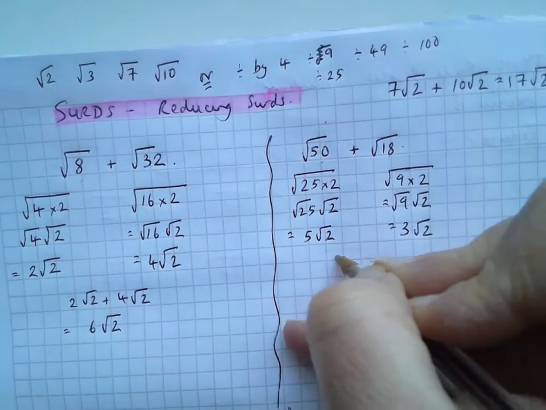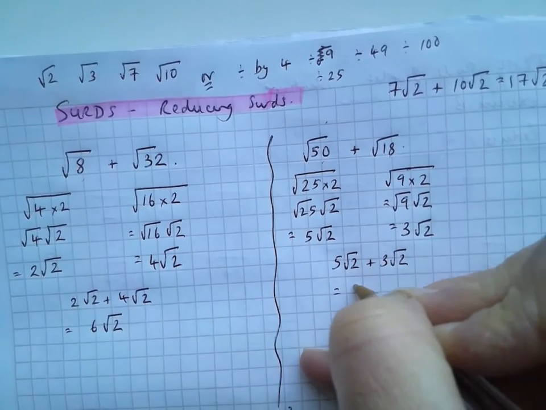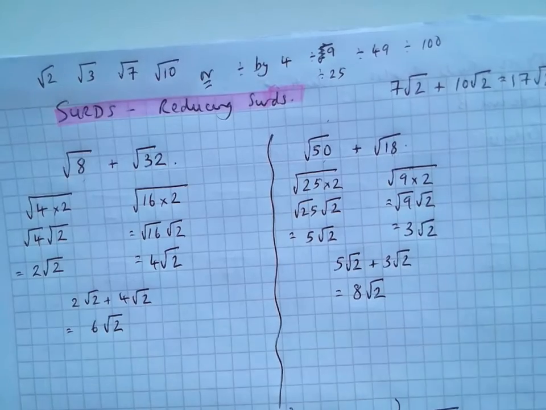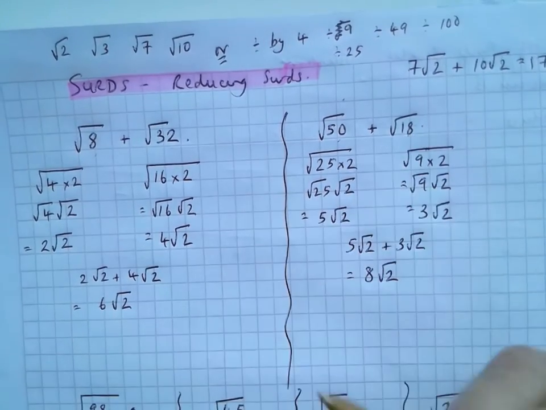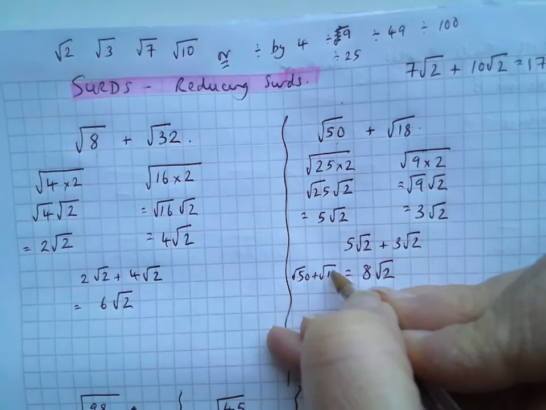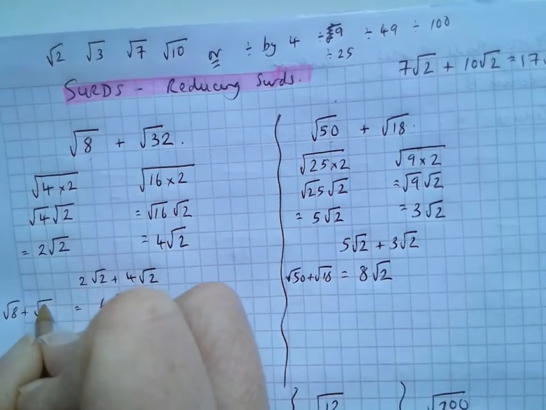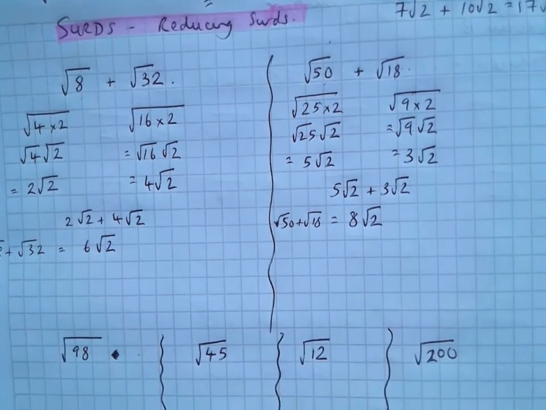So what I have here is 5 root 2 plus 3 root 2, which will be 8 root 2. So root 50 plus root 18 is 8 root 2. Over here, root 8 plus root 32 was 6 root 2.